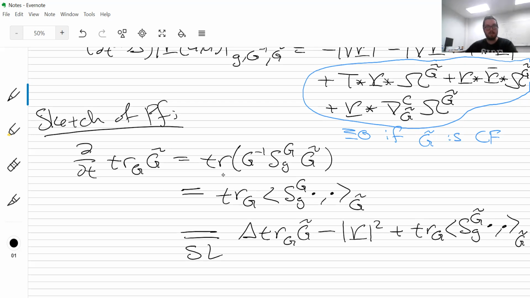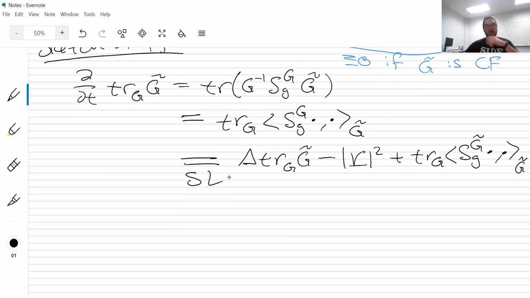The other one is a little more complicated. It would take some time to go through. But if you're interested, the other one can be found in work of Jeffenlein, I think from 2020.